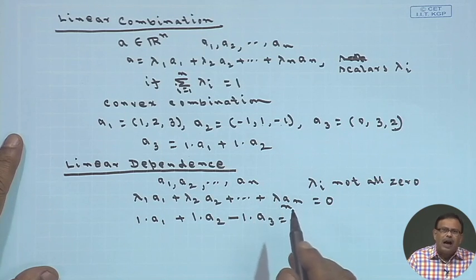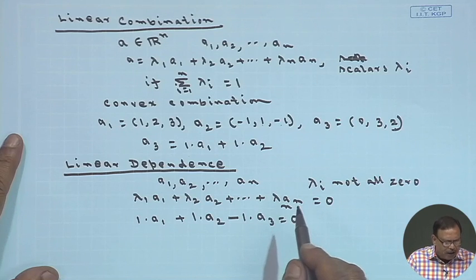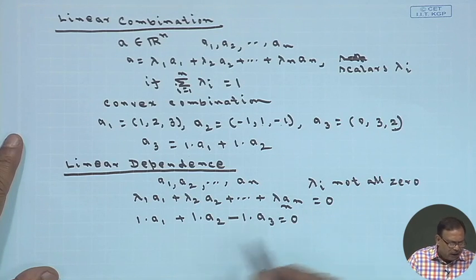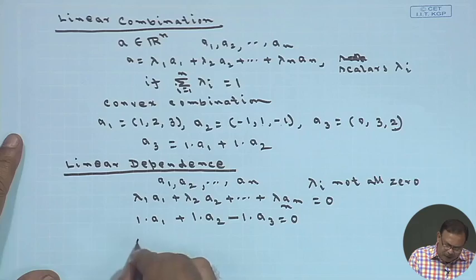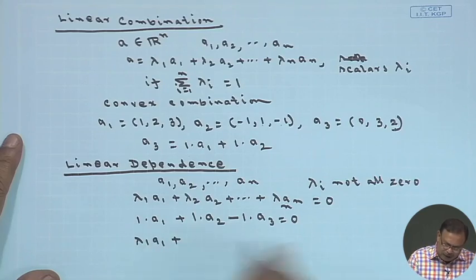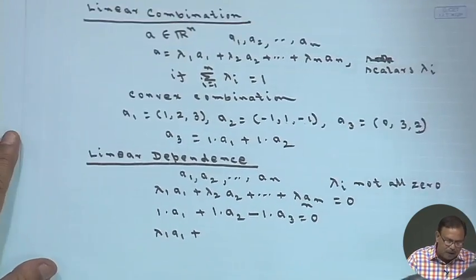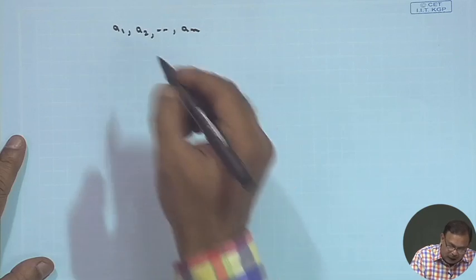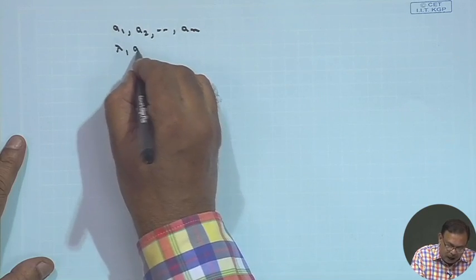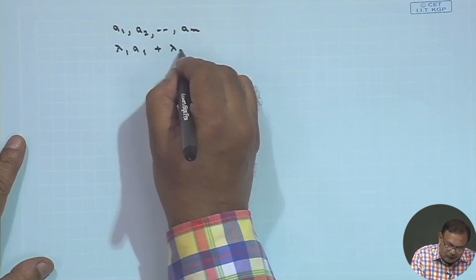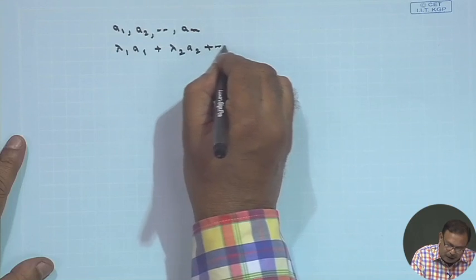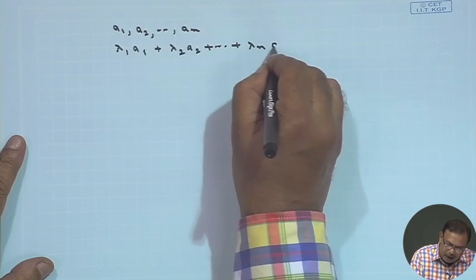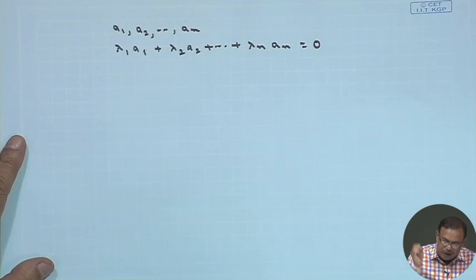On the other hand, let me write it on the next page, that would be better. If you have n vectors A1, A2, ..., An, and like linear dependency, we write lambda 1 A1 plus lambda 2 A2 plus ... plus lambda n An equals 0.